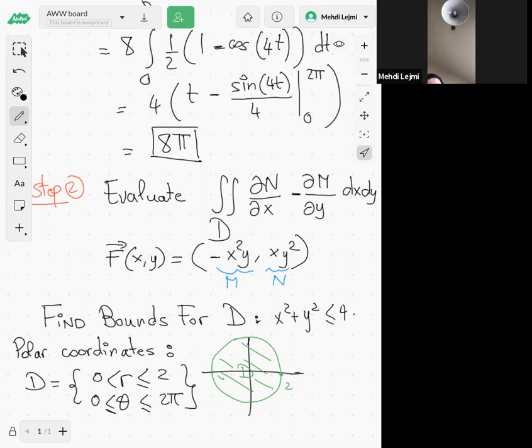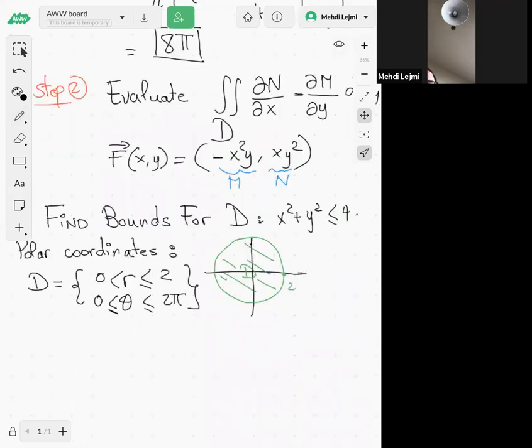So in other words, this double integral over D of partial N with respect to x minus partial M with respect to y, dx dy.